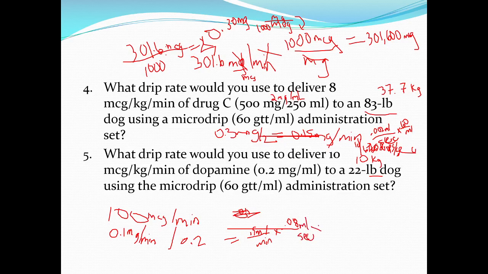Now we multiply it by 60 drops per mil. So it's 0.008 times 60, going to take us back to this number here, 0.5 drops per second, which is the same as 1 drop every 2 seconds.